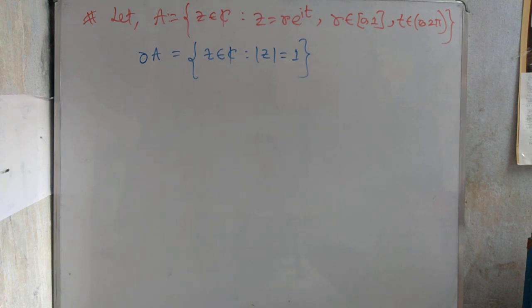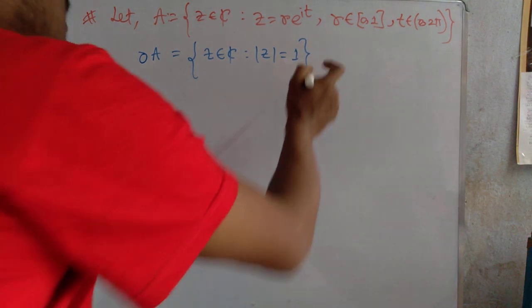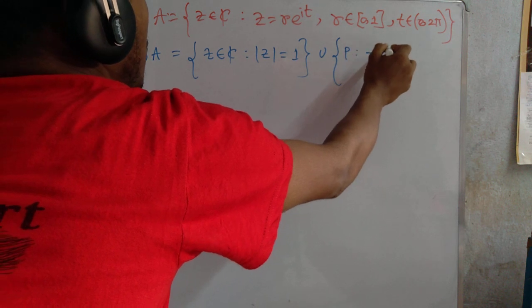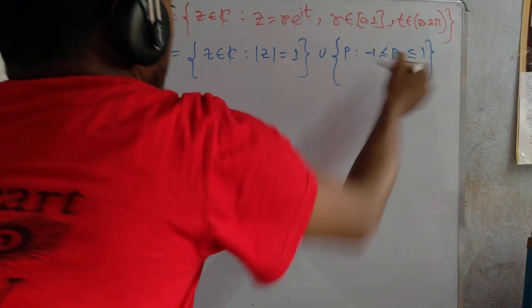Because this one is obviously a circle. This one forms a circle, so here if t equals 0 then it is just r, and if t equals pi then this one is minus r. So the union of this is {p such that minus 1 is less than or equal to p less than or equal to 1}.